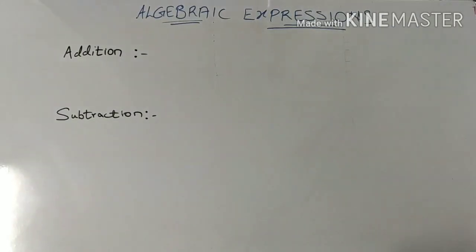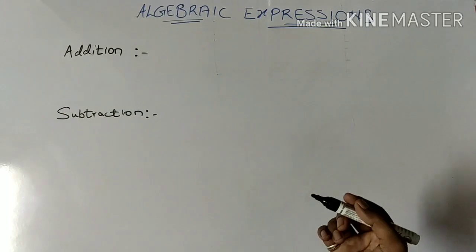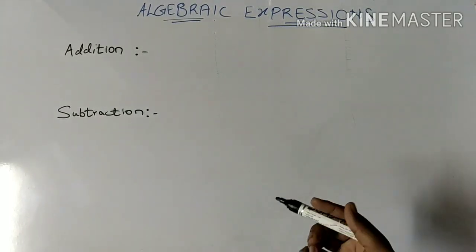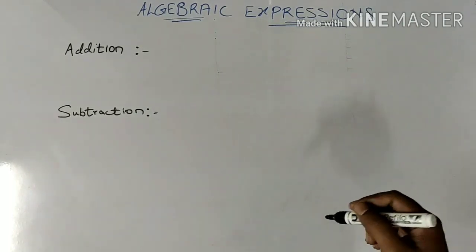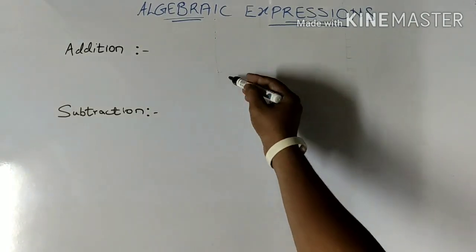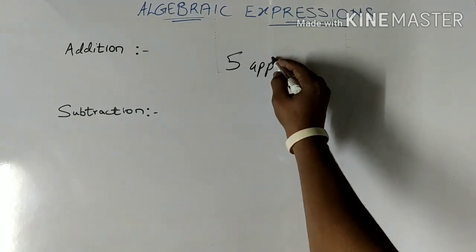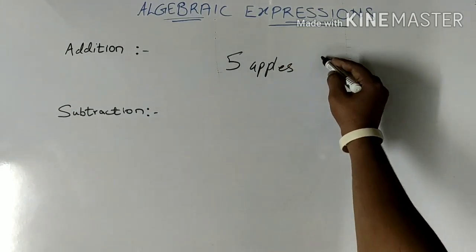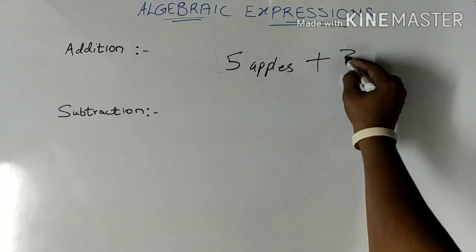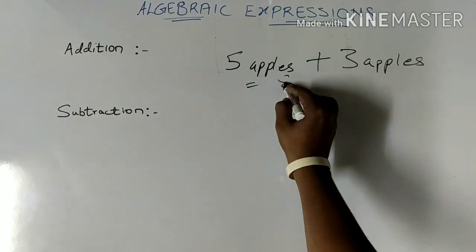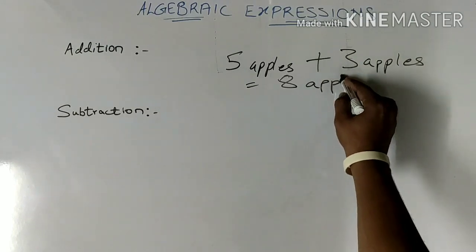So we shall start with addition first, and we'll understand what phrases you use when you are supposed to do the operation of adding. If I say I want 5 apples to be added to 3 apples, my solution would be 8 apples, okay.